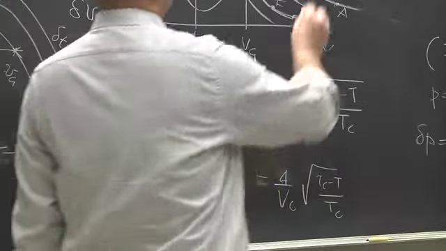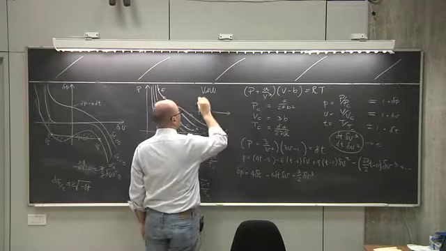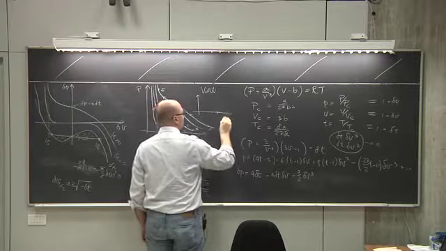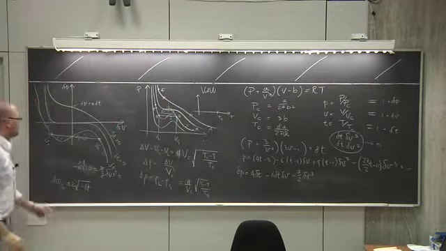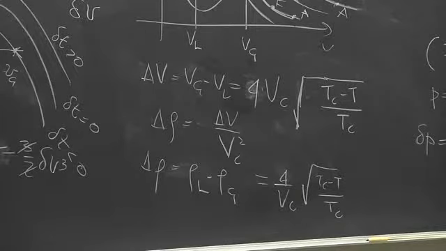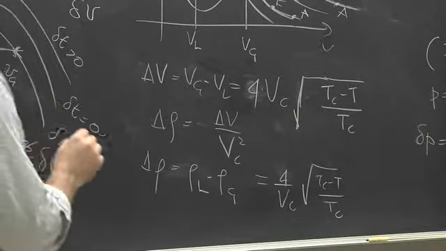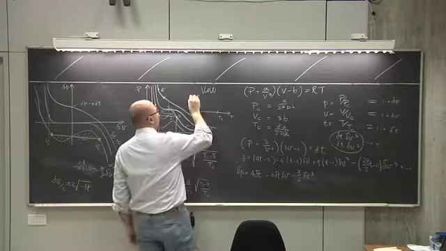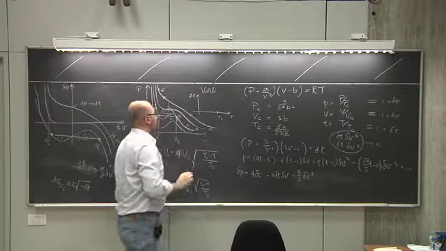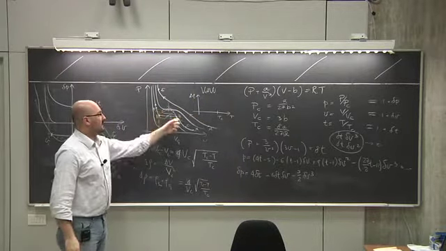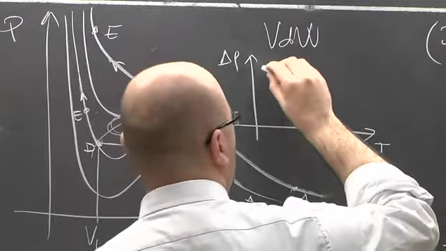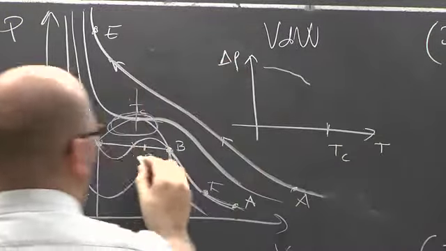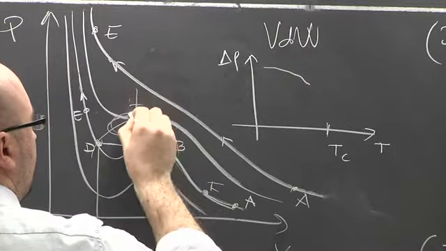So if I plot the change in the density, the difference in density between the liquid and the gas phase, this goes to 0 if I increase the temperature in this direction.